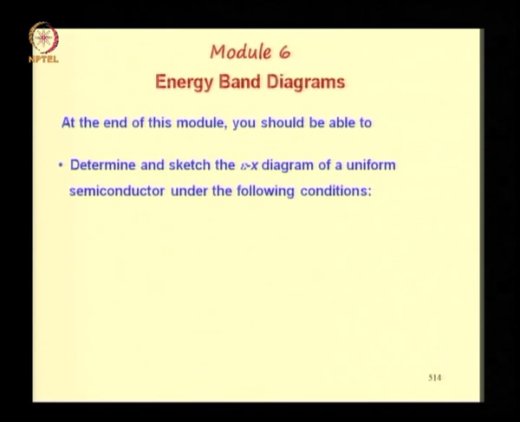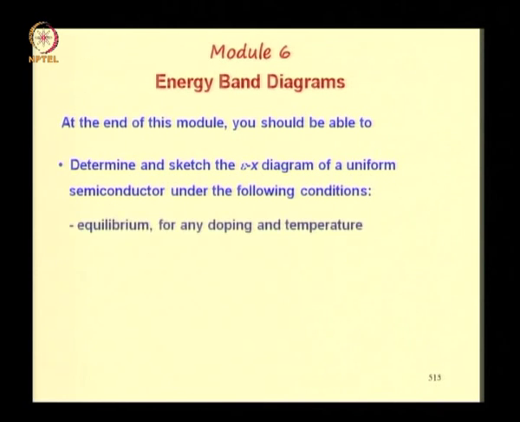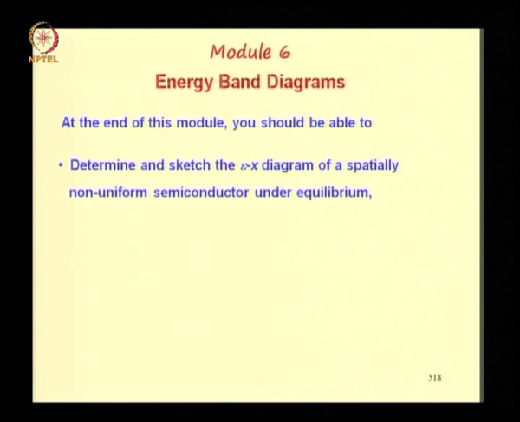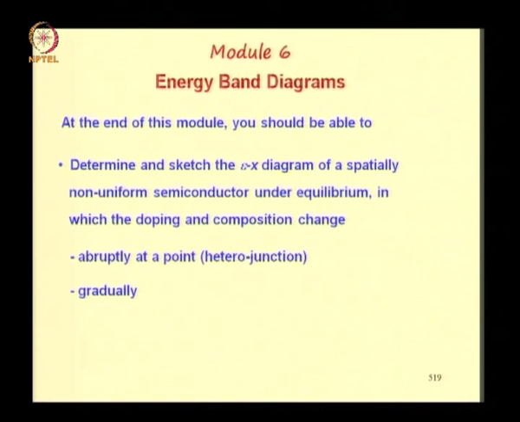You should be able to determine and sketch the Ex diagram of a uniform semiconductor under the following conditions: equilibrium for any doping and temperature, uniform volume generation and applied bias. You should be able to determine and sketch the Ex diagram of a spatially non-uniform semiconductor under equilibrium, in which the doping and composition change abruptly at a point and gradually.